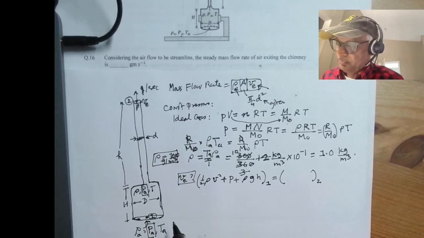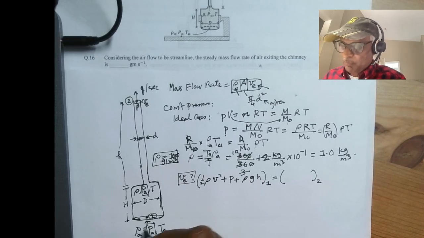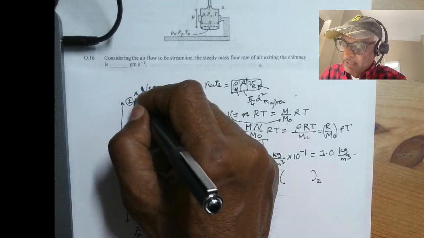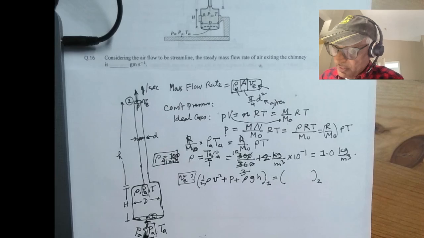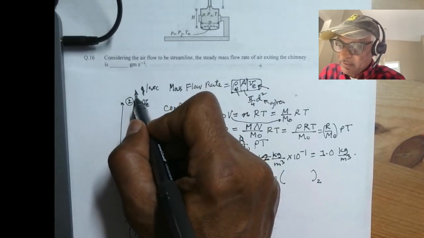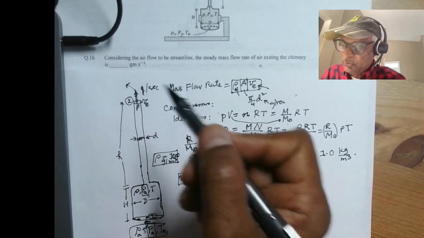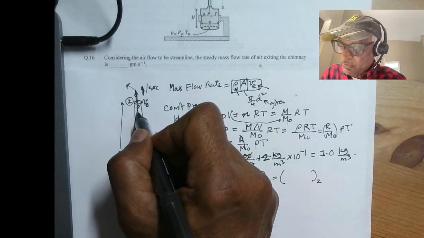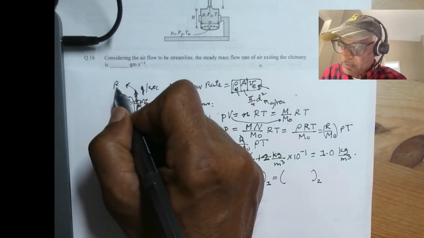But if you do this, you'll find that it's coming in with density rho_A but exiting with density rho.